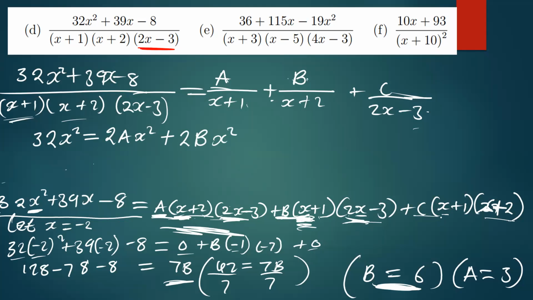Then we move on to c. So on c, we're going to multiply cx and another x there. So x times x, that will give us x squared times c to be cx squared. So now, having done that, we can now cancel out the x squared on all the terms, so that we just remain with 32 is equal to 2a plus 2b, then plus c.